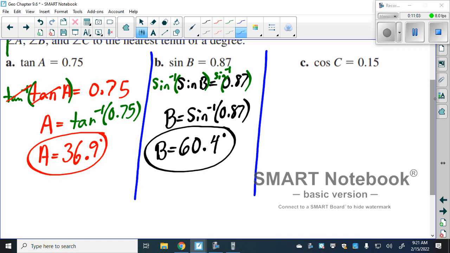So for this last one here, what would we need to do? So here we have cosine of c is equal to 0.15. So what are we going to use? We're going to apply cosine inverse to both sides, because we're taking the inverse of both functions.